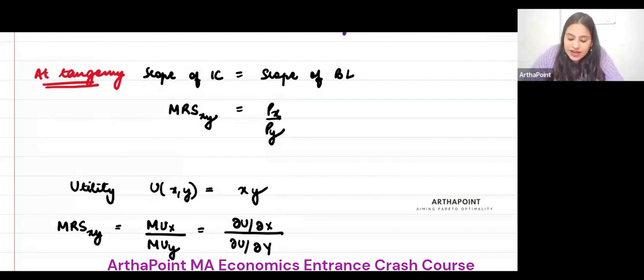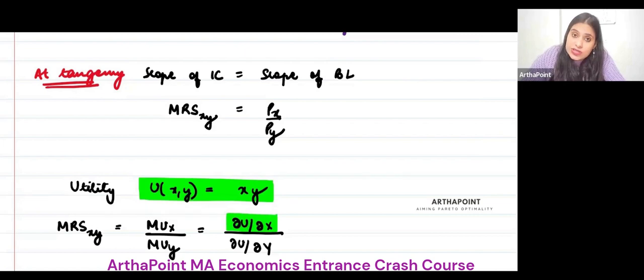So when I differentiate my utility function with respect to X, I hold Y constant. So Y is just a constant. Constant means, for example, if I tell you differentiate 4x with respect to X, what will you get? 4, because 4 is a constant.